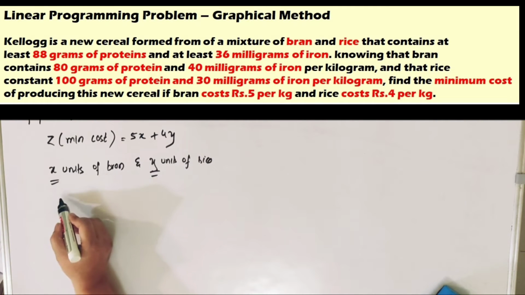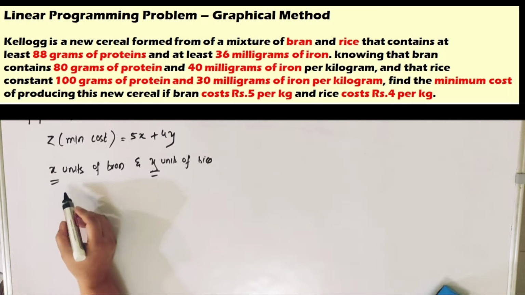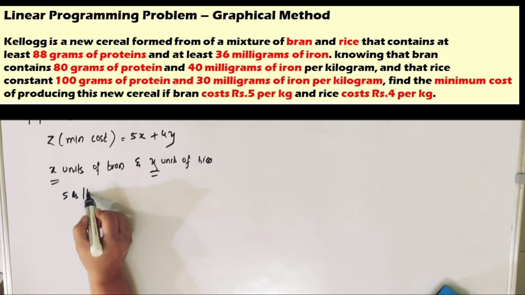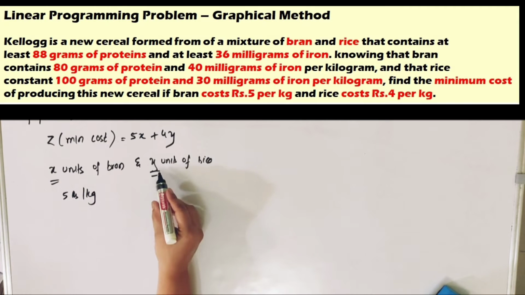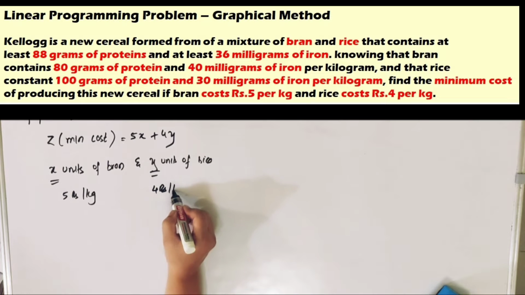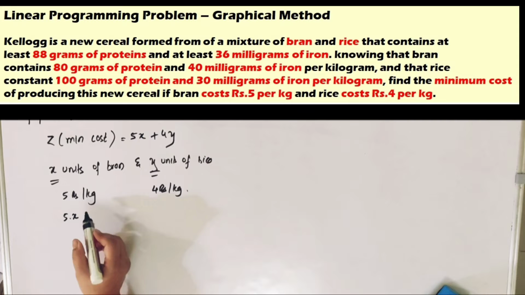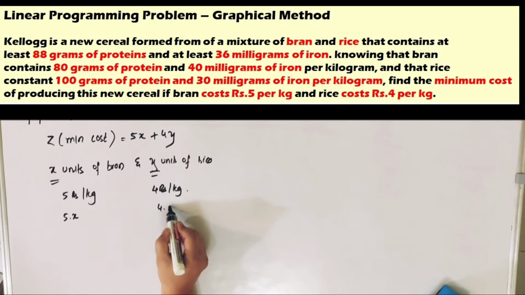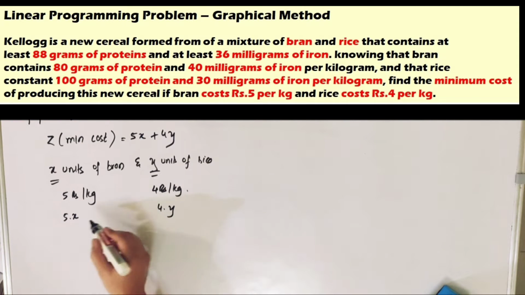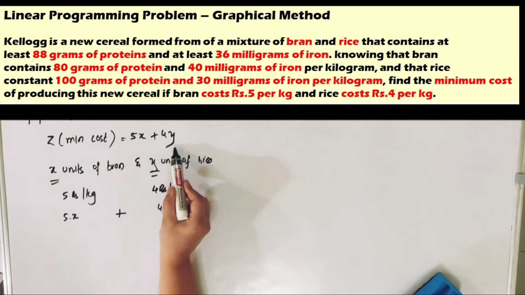So bran is X units at 5 rupees per kg, and rice, which is Y, is 4 rupees per kg. So the total cost would be 5 into X plus 4 into Y. So the objective function is 5x plus 4y.